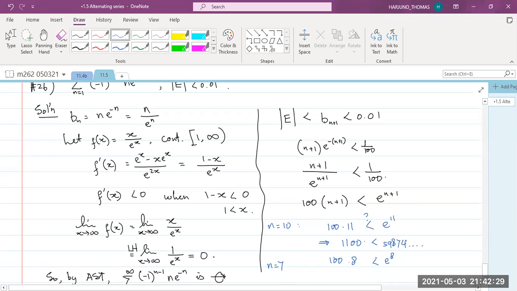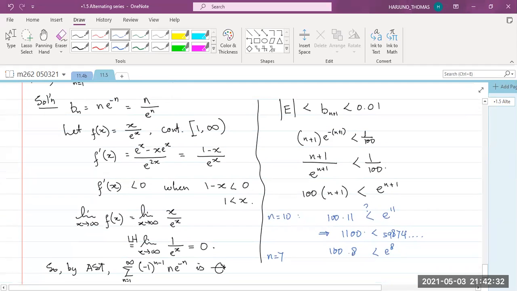It is still true. What happens if n equals 4? So 100 times 5, is it less than e to the 5th? No, it's not. So the number of terms must be more than 4, but less than 7.